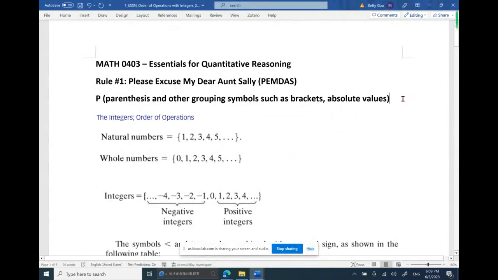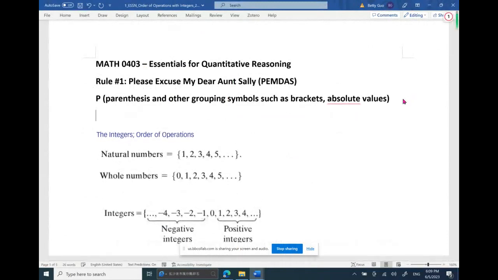And E here represents exponent. Okay, this is a QR class. QR class means you have prerequisite classes completed successfully, such as algebra foundation class, right? What is exponent? What is the operation of exponentiation?